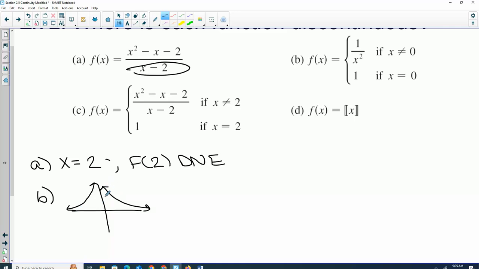So the limit as we approach 0 is infinity. 1, if x equals 0, is just a single point. So does f of 0 exist? Does my limit exist? It's going to infinity, so it does. Both sides are going up. But my reason is the limit does not equal the function.